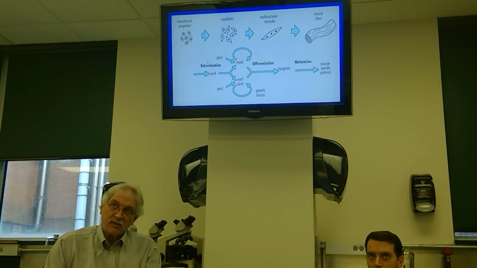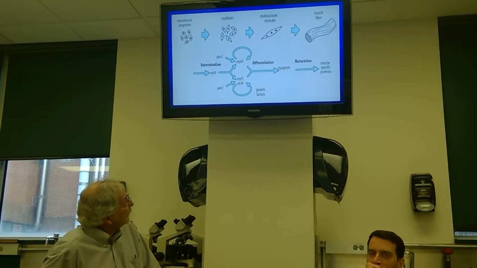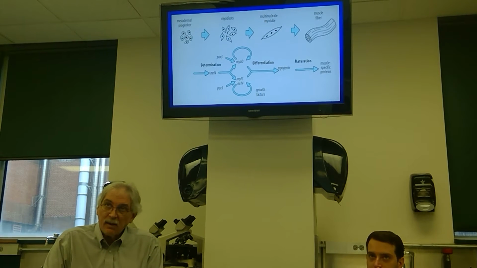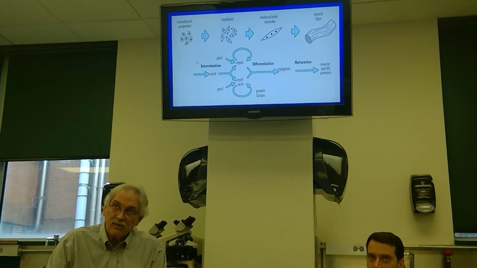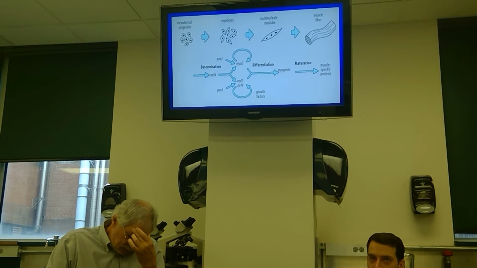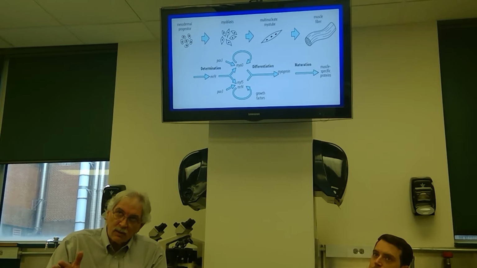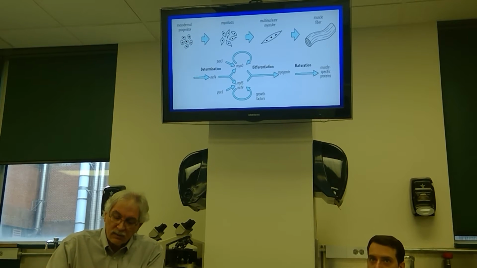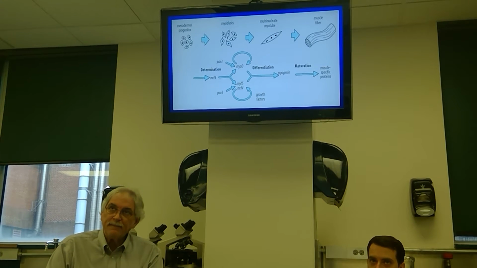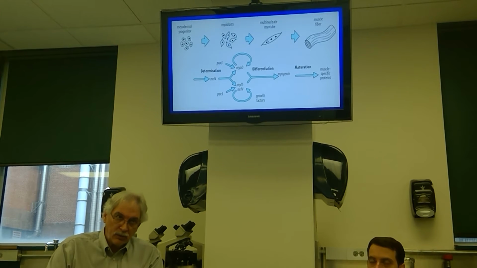They receive certain signals. The MRF stands for myogenic regulatory factors. There are a bunch of these. MyoD is one of them. PAX3 is a paired box transcription factor that commits these cells to a certain line of differentiation. And then when they fuse together, you get this thing called a myotube.